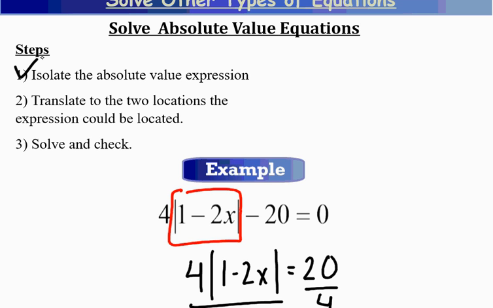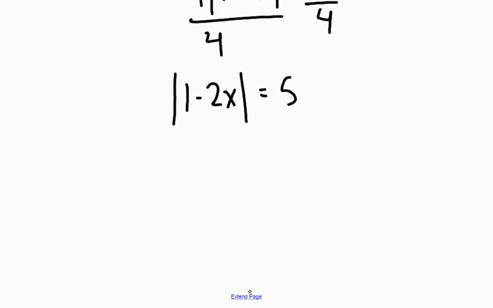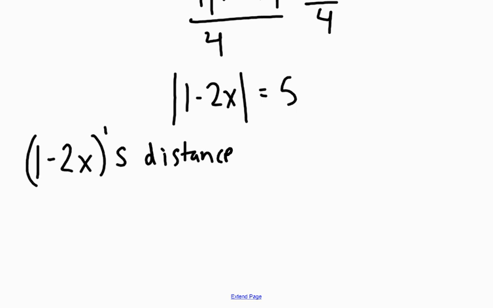That's step 1. Step 2 is to translate to the two locations the expression could be located. You're going to get two answers for absolute values because absolute value is distance away from 0, and there's always two numbers that are equal distance away from 0. So this right now is saying that 1 minus 2x, that whole thing's distance, this is an apostrophe s as in possessive, distance from 0 is 5.